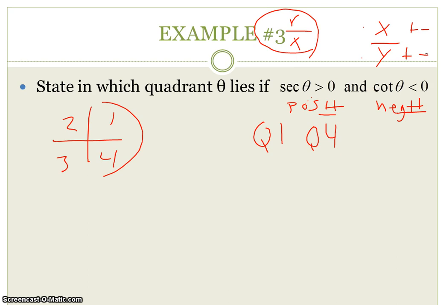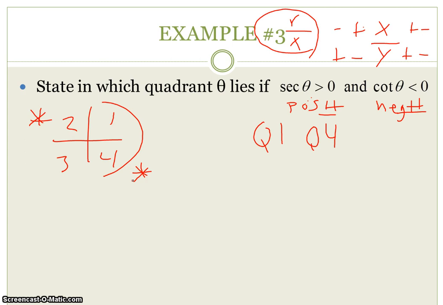And I want a negative number. So the signs have to be different. Either my X is positive and my Y is negative, or my X is negative and my Y is positive. So the 2 quadrants where the signs are opposite are quadrants 2 and 4.